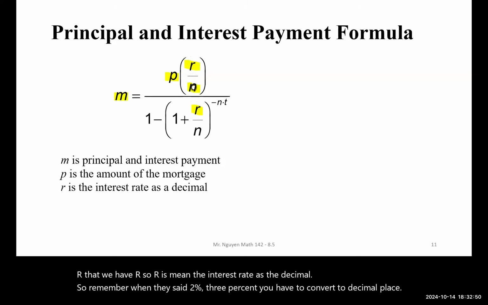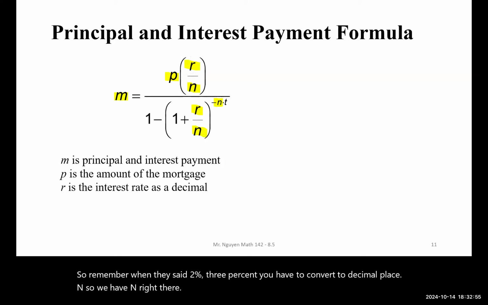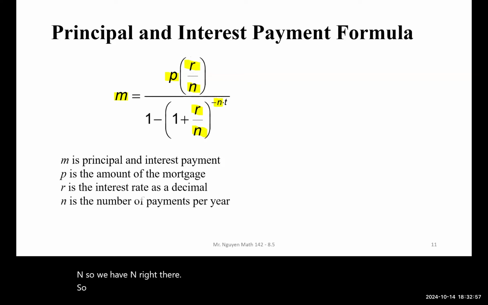N, so we have N right there. N means the number of payments per year. T is the time in years.